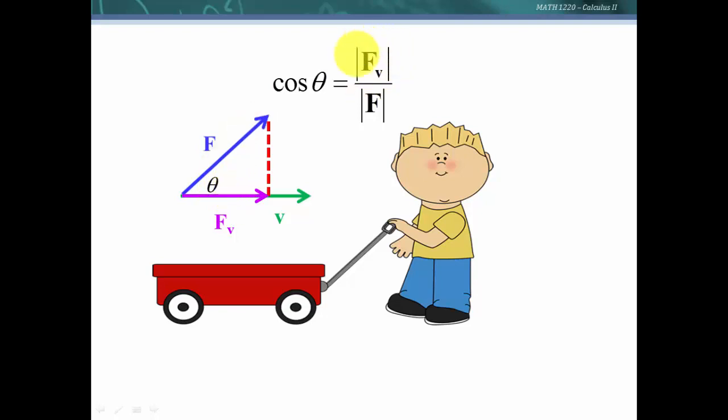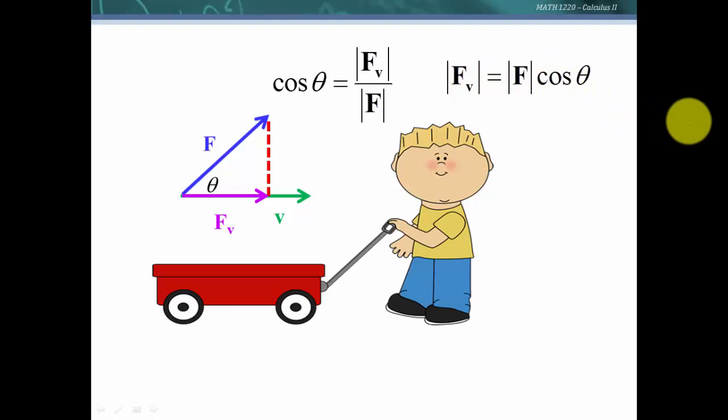So we could take the magnitude of the component of the force vector in the v direction over the magnitude of the force vector. Now we could then solve that for the magnitude of the force in the v direction here, and we would have this.